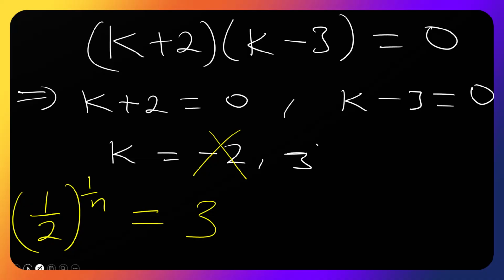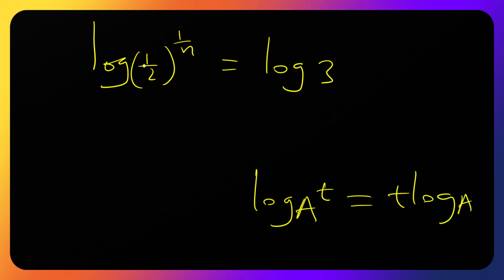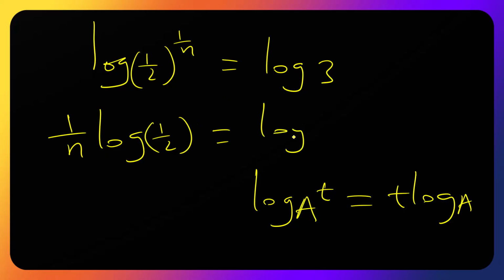Okay, so from here I'll take log on both sides. So let's take log of half raised to 1 over n equals log 3. This one is a power rule, following log a to the power t is the same as t log a. So we have 1 over n log half equals log 3.